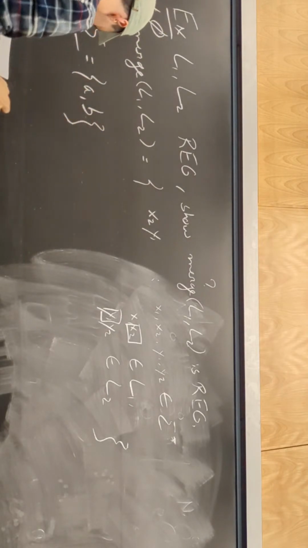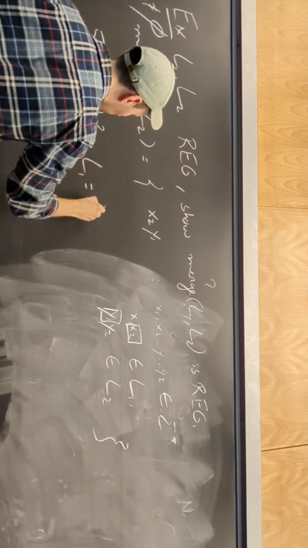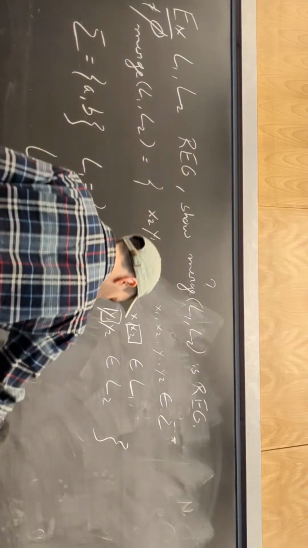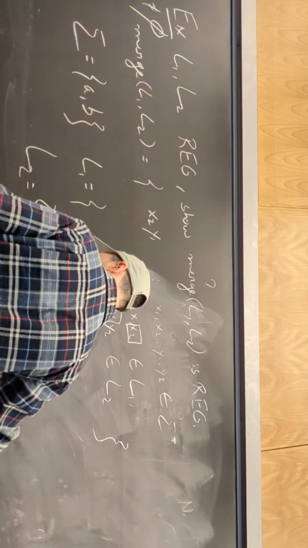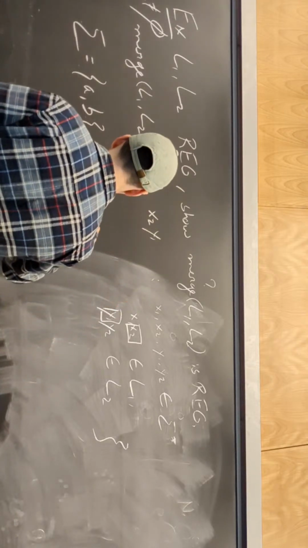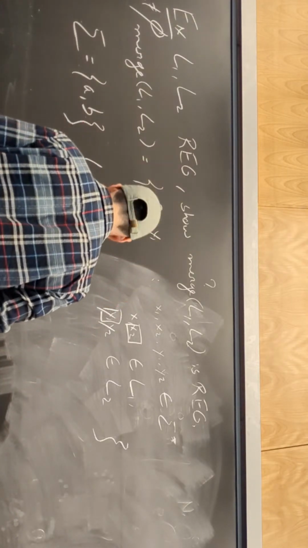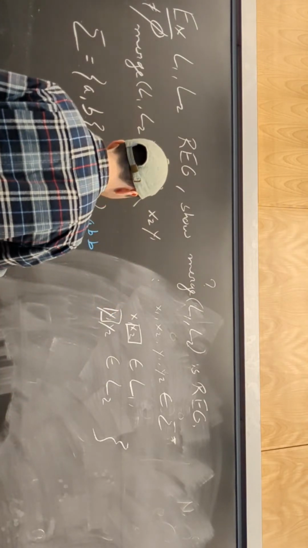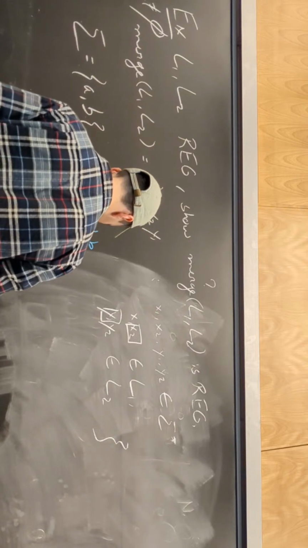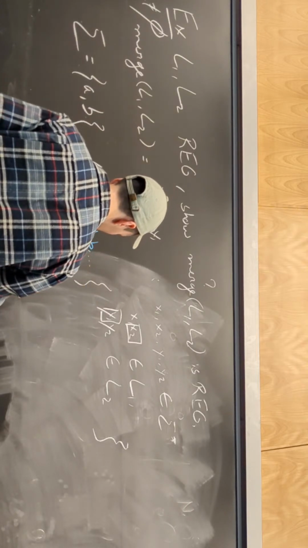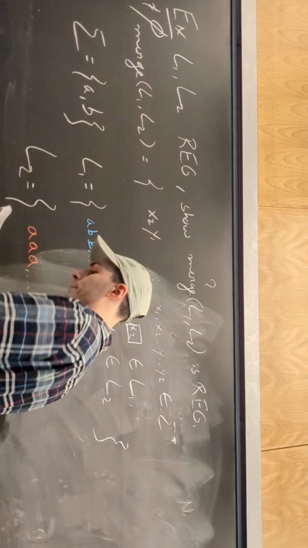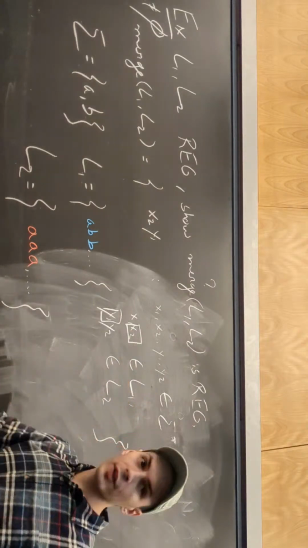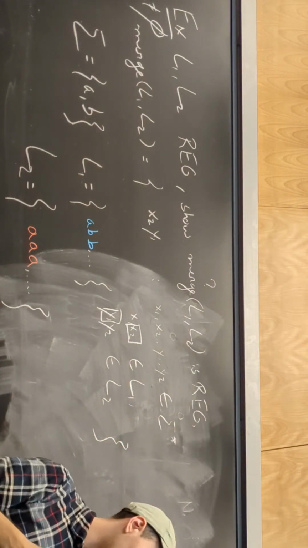Now, what's an example of what this could give you? Imagine my alphabet is A, B, and L1 and L2 are some complicated languages, so let's just consider the first string. The first string in L1 is ABB, and the first string in L2 is AAA. So there's more strings. So I have to consider all the possible ways of cutting up the string.